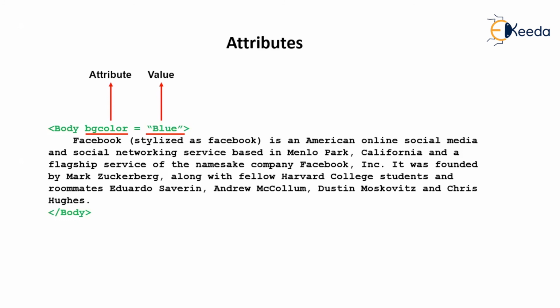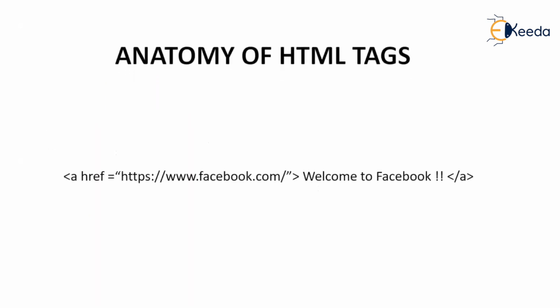Now we know the basic anatomy of an HTML, which is tag, element and attribute. Let's see one more example of it. So we have an HTML code here which says a href equal to https://www.facebook.com, which says welcome to Facebook.